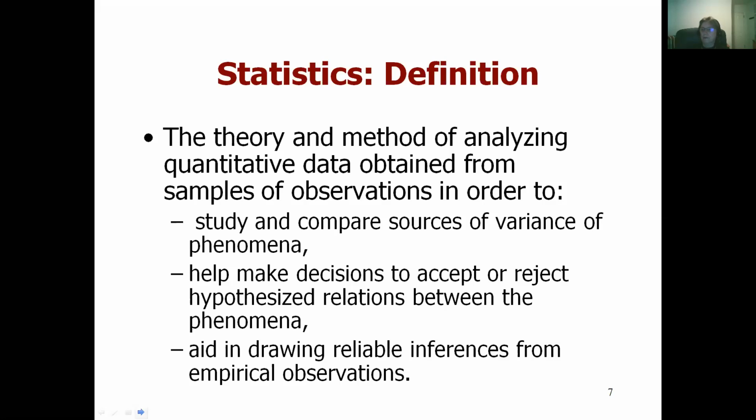Then you have to go through these steps of identifying the null hypothesis and alternative hypothesis, and then running your statistics and drawing inferences from the samples. That is, drawing inferences from the samples that you analyze onto the population from which that sample was drawn. And that's why it's called inferential statistics, because you're inferring results that are applicable to the population based on the results from a sample, because we always work with samples. There is no other way.